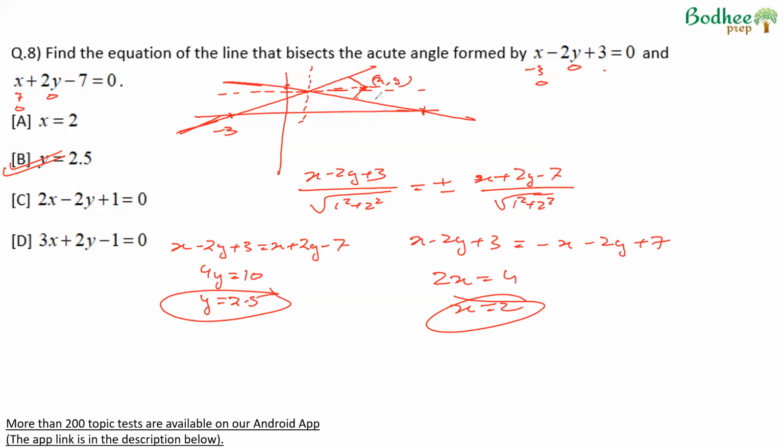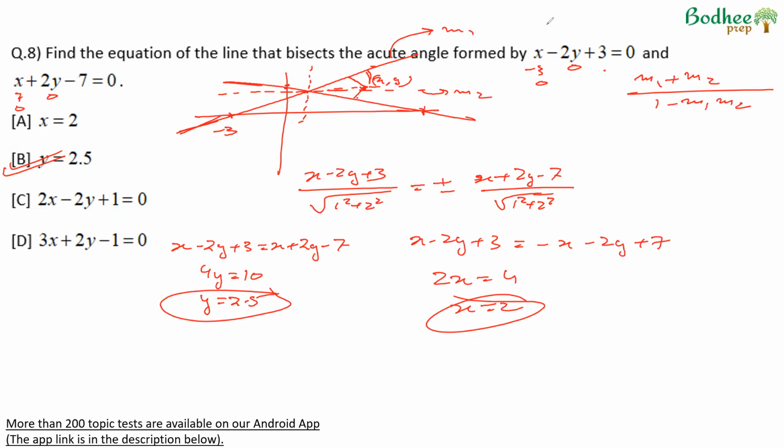If you want to justify that this is the acute angle, we find the angle between two lines. If the slope of this line is m1 and the slope of this line is m2, the tangent of the angle between them will be (m1 minus m2) upon (1 plus m1 m2).